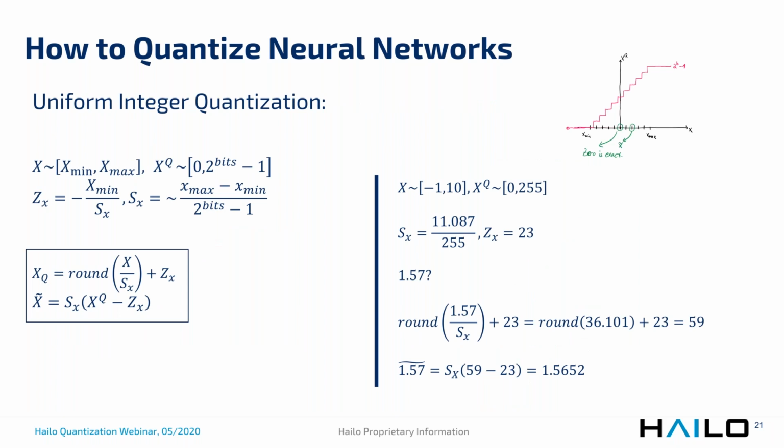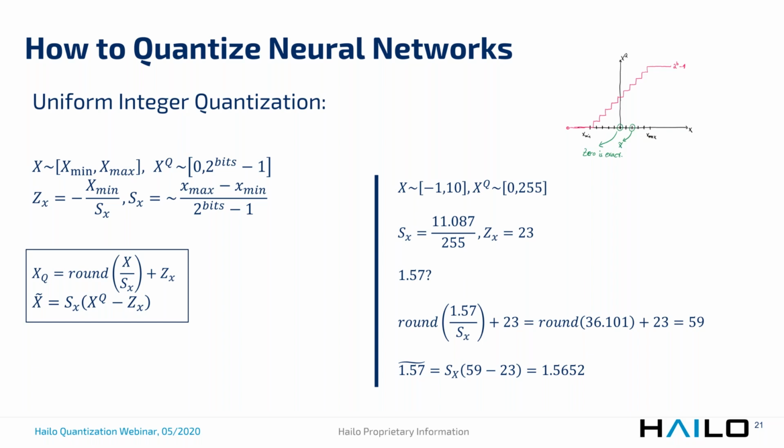Okay, so let's try to make it a bit more concrete by using a numerical example. On the left-hand side here, you see the two equations that govern the conversion. The first equation in the square is how to convert x, which is the real number, into xq, which is the quantized number. So we see that we start with the scaling operation, we round and we shift.